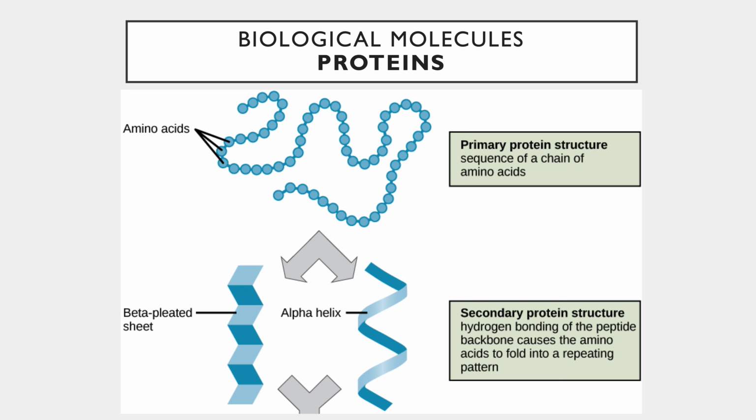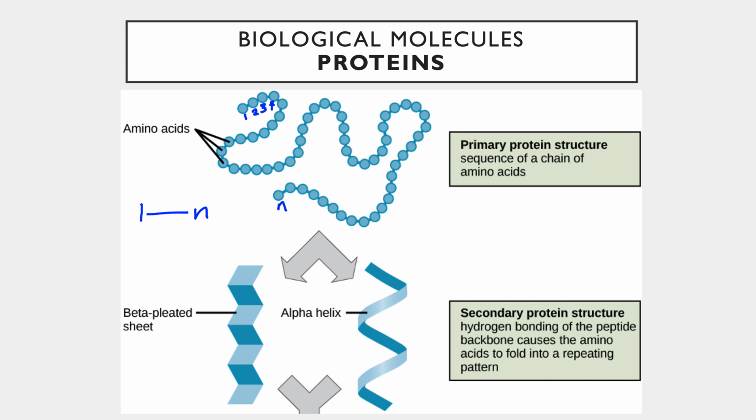So each one of these would be like amino acid number 1, 2, 3, 4, all the way to the very last one that I'll call N. This entire sequence of 1 all the way through N is the amino acid sequence that is special to a particular protein. No protein has the same amino acid sequence as another protein.